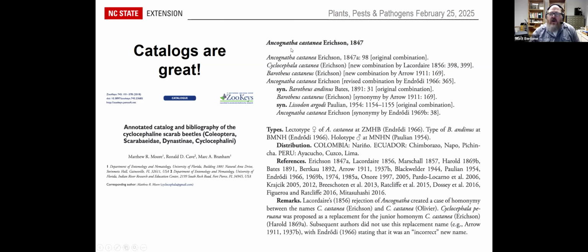So you can go in and say, okay, the recognized taxon here of this scarab beetle is Echinatha castanea, and Erickson has the original one. But you can see that it was originally described as that, but different people put them in different genera, and it came back to this one. So we have the true name currently, but we can see all of the history of where the names were, who made those decisions, what publications, and whatnot.